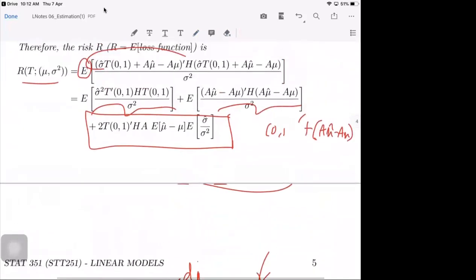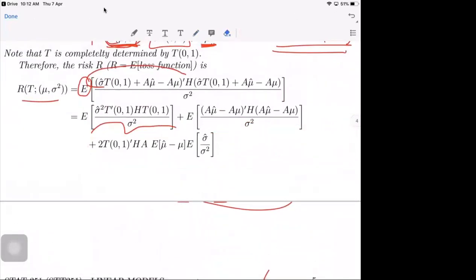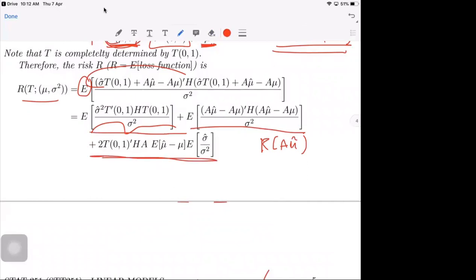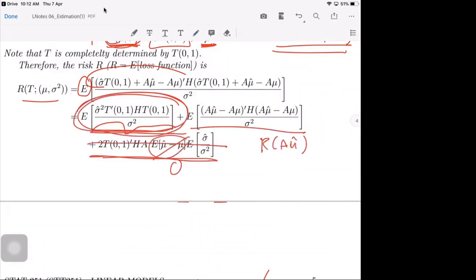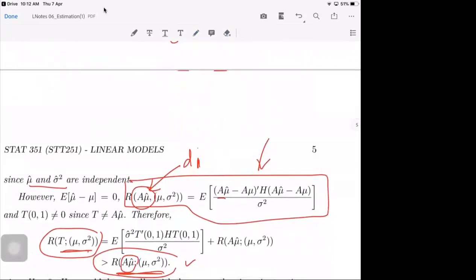So if you look at this, it is a component of this, your risk associated when using A mu hat. And what we are looking at is this, but this one is just 0. So it disappears.